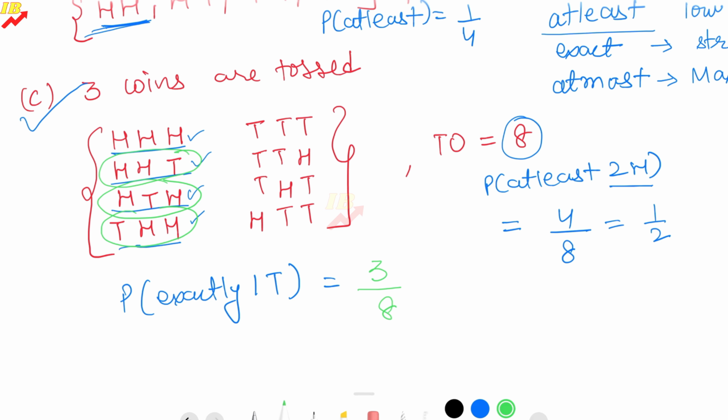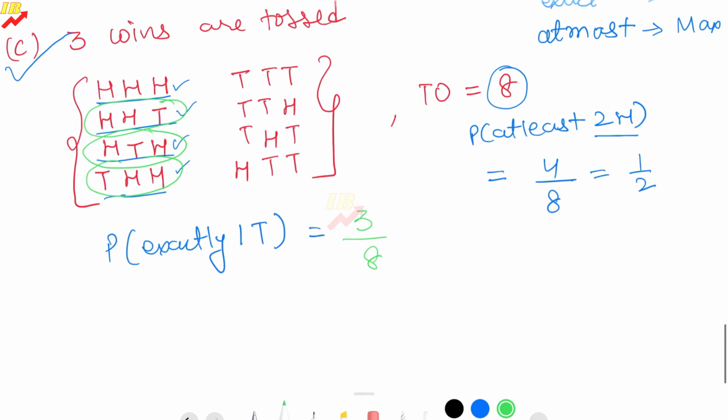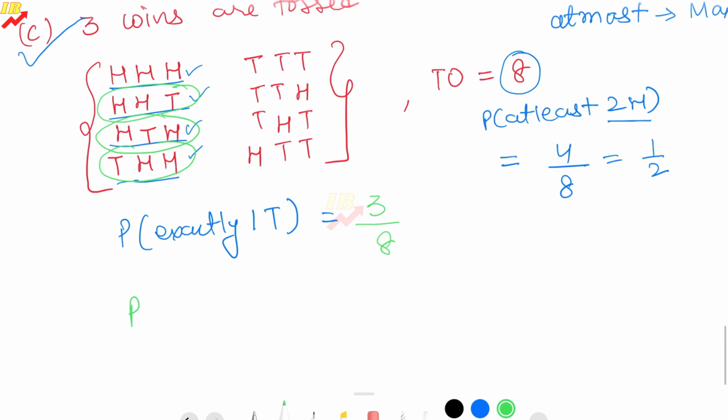Okay. Now let's jump on to the at most case. So if I'm saying probability of at most 2 heads, I am saying at most 2 heads means you have to take maximum 2 heads. So that is the maximum value. So this one, this one, right?